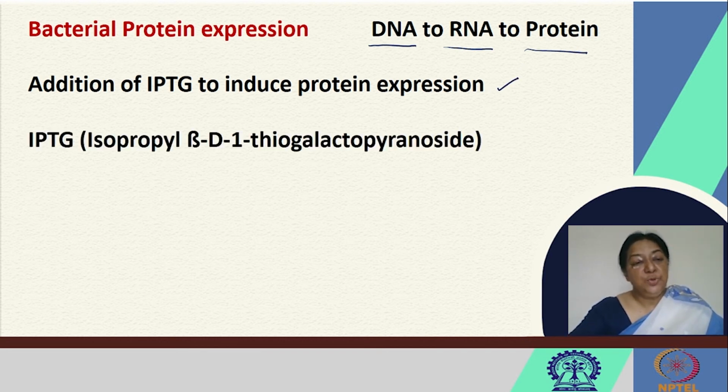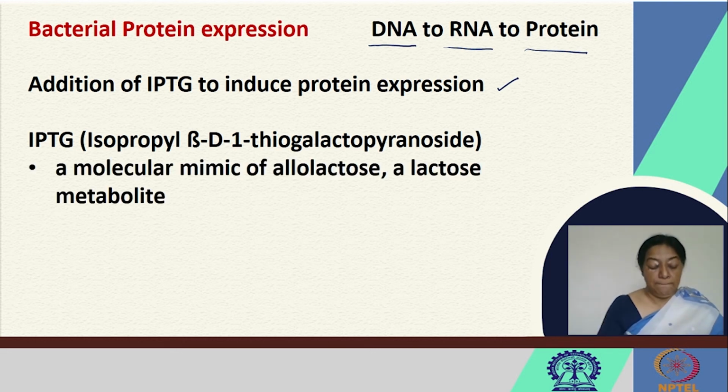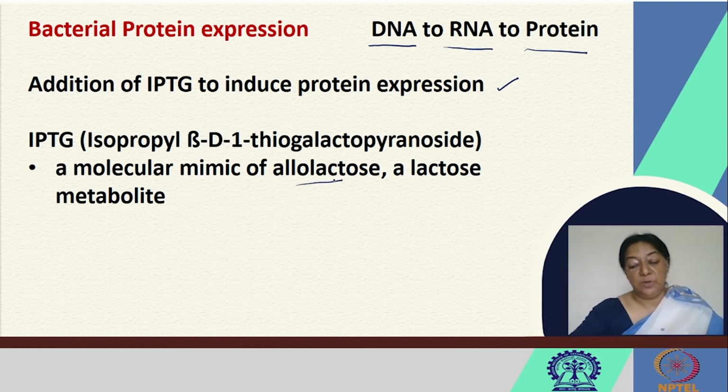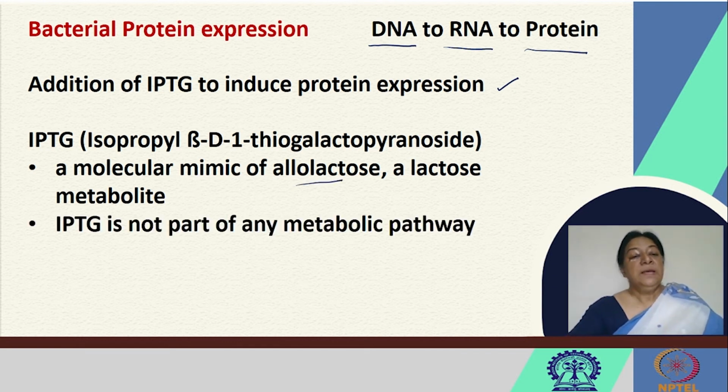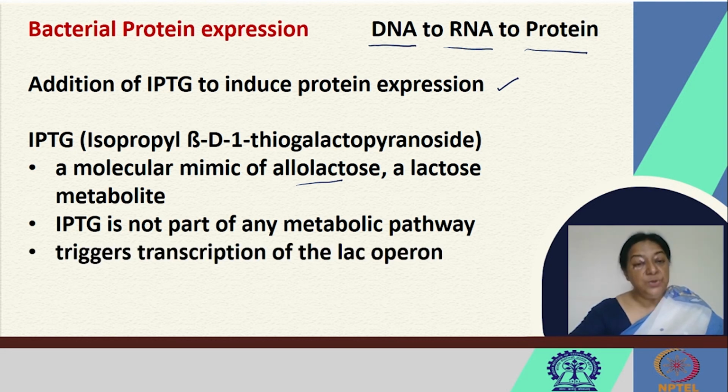IPTG is isopropyl beta-D-1-thiogalactopyranoside. This molecule is a molecular biology agent that is a molecular mimic of allolactose, a lactose metabolite. IPTG is not part of any metabolic pathway, but it is an inducer.